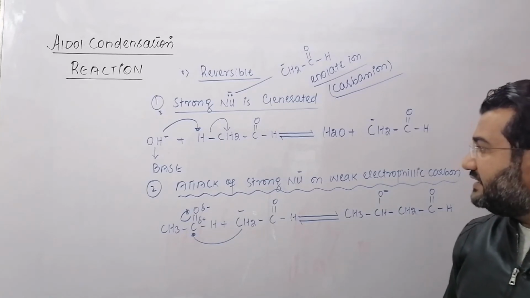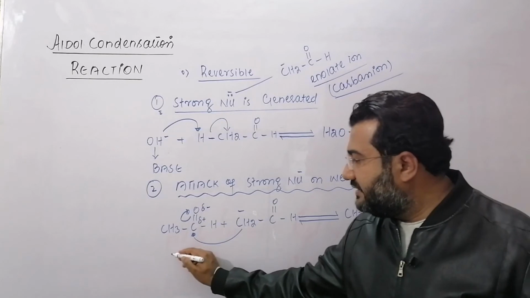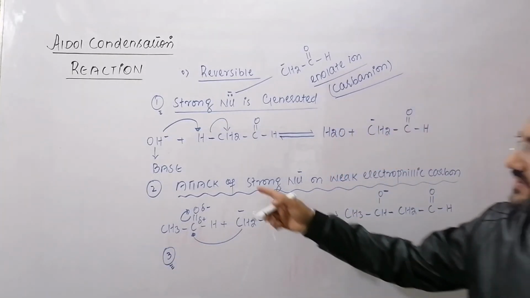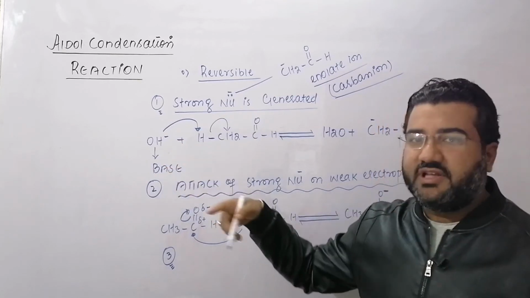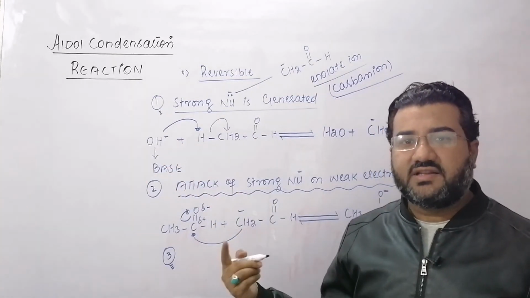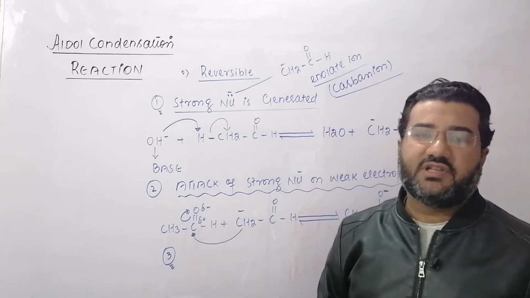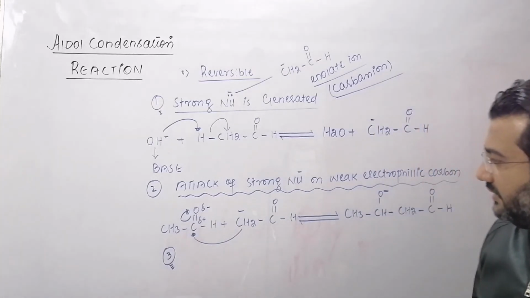Now, my dear students, there will be the last and third step, in which the base which was used in the first step will be regenerated, because the base is the catalyst, and a catalyst, if used in a reaction mechanism, must be regenerated in the last step.